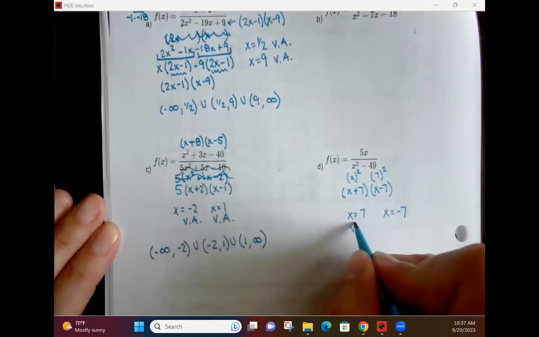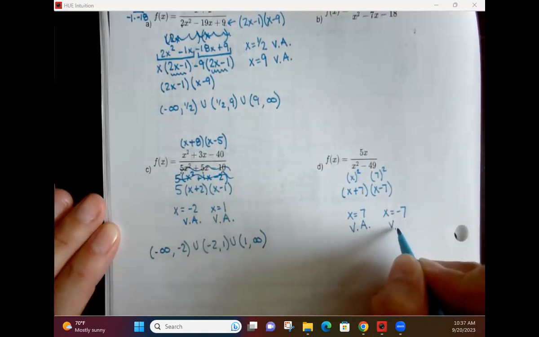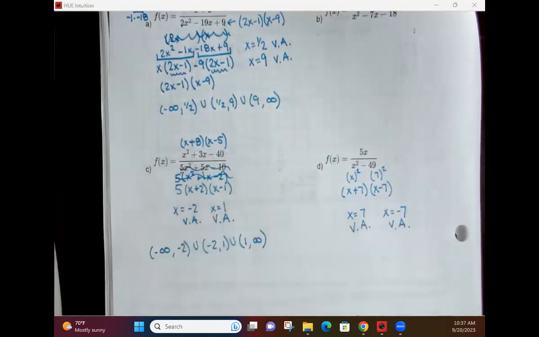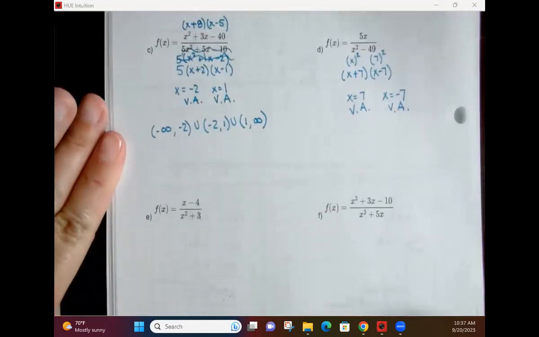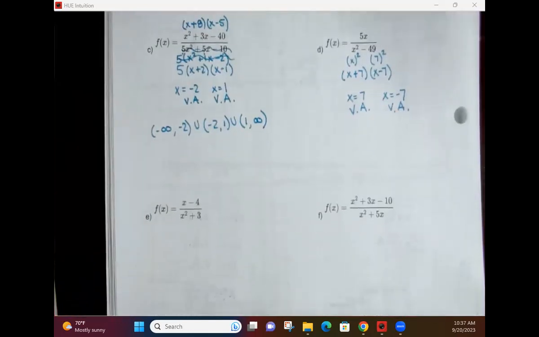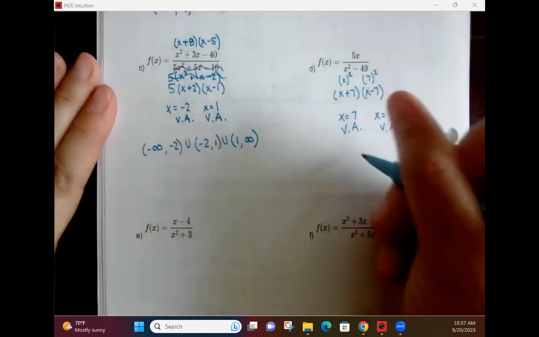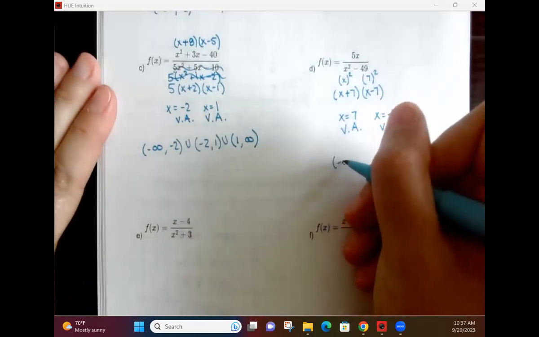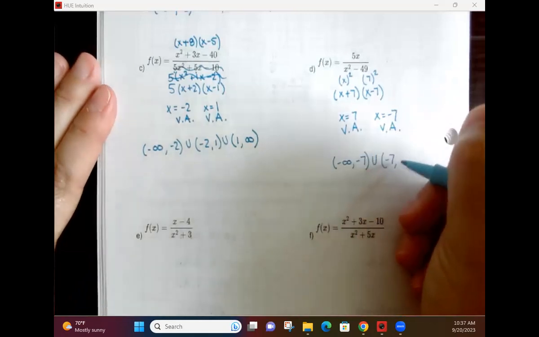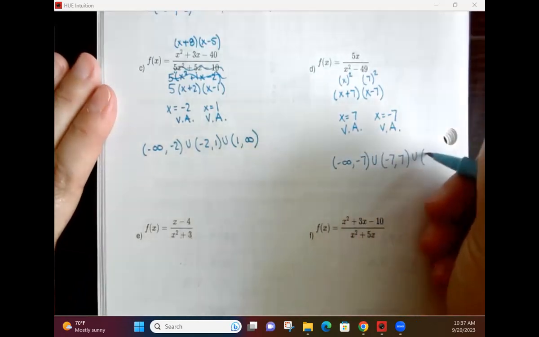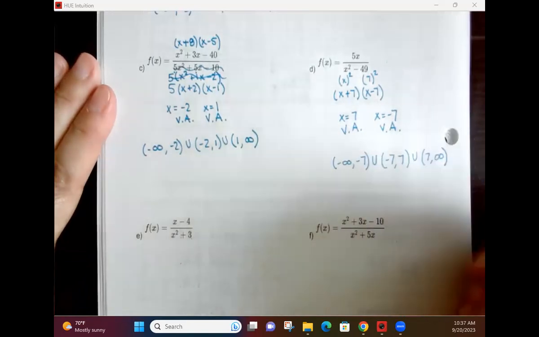So they are vertical asymptotes. For E, oh, I forgot to write the domain here. So our domain would be negative infinity to negative 7, negative 7 to 7, and 7 to infinity.